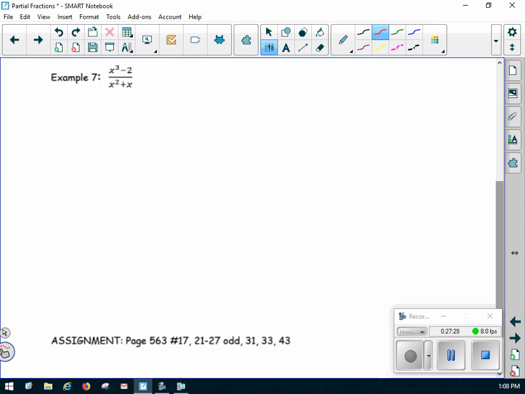X cubed minus 2 over x squared plus x. Think about it for a minute in terms of what is your first step. Factor the denominator. That is a step. Is that your first one? Degree of the numerator is bigger than the degree of the denominator. So what do we have to start with? Long division.